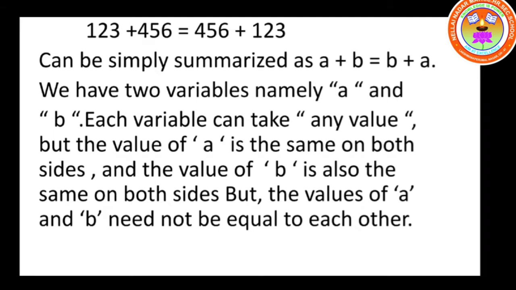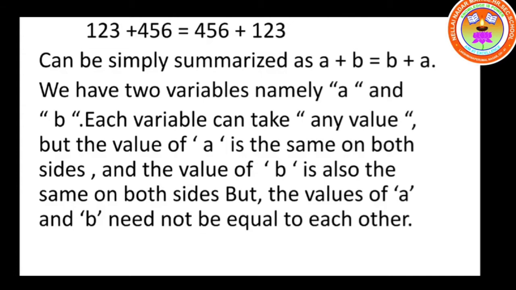For example, listen, 123 is present. Suppose you are taking 123 as A. So on the right hand side also, you have to take that 123 as A. And on the left hand side, the B value is 456, which means on the right hand side it is again 456. That's what I explained here.